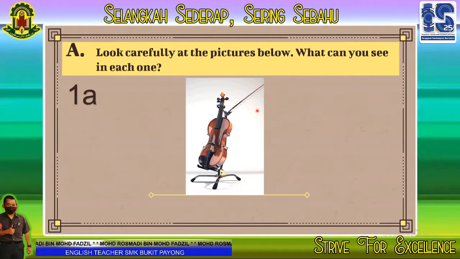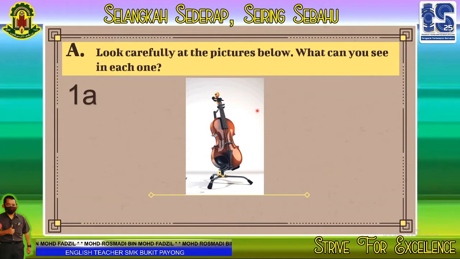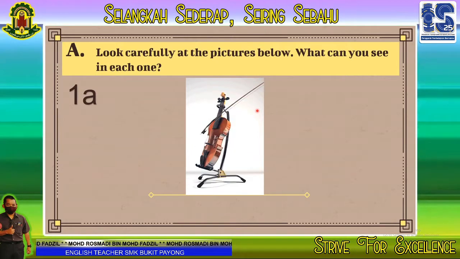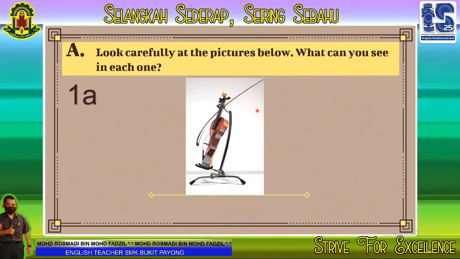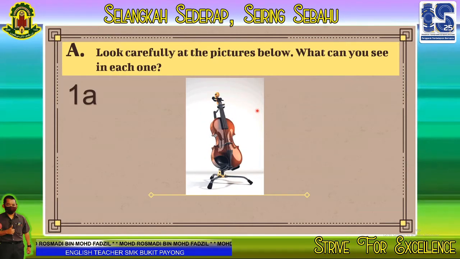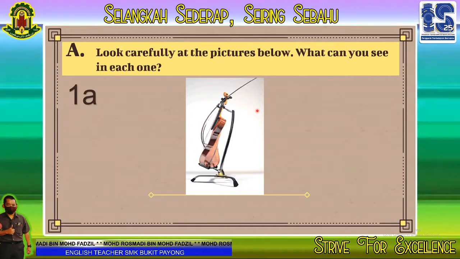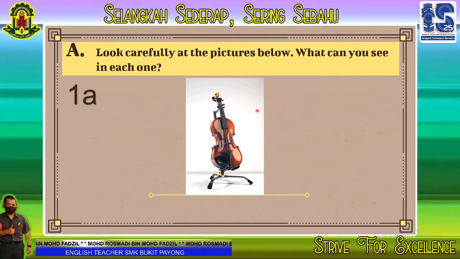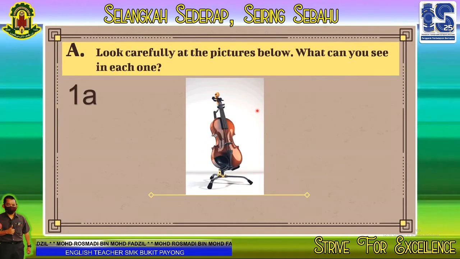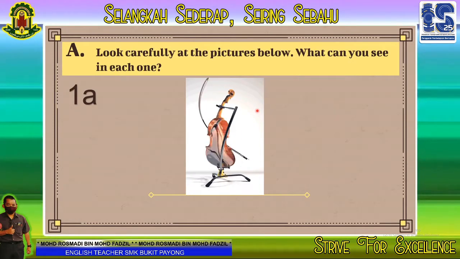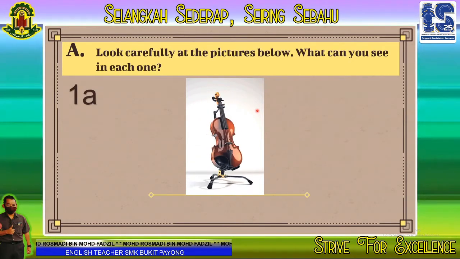Of course, in my screen now, in my video now, the picture is a bit different from your textbook because your textbook is the static photo. Buku teks tu gambar statik. So dalam video gambar bergerak, animation saja to attract you guys.